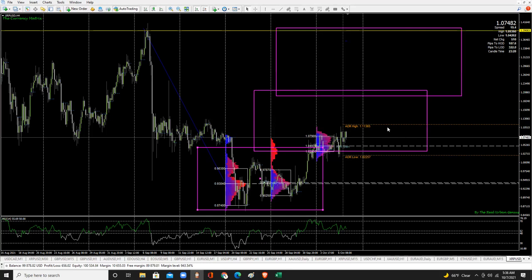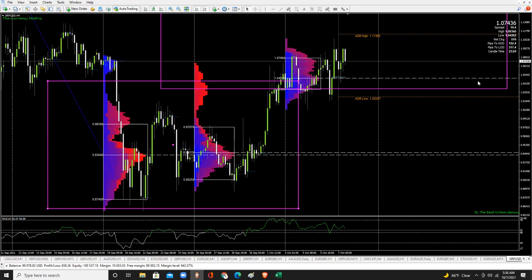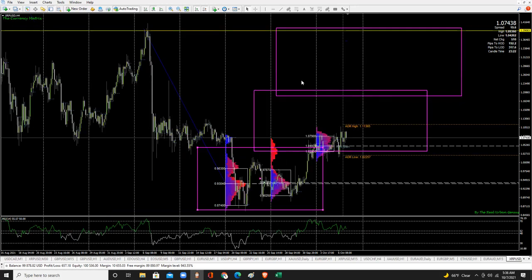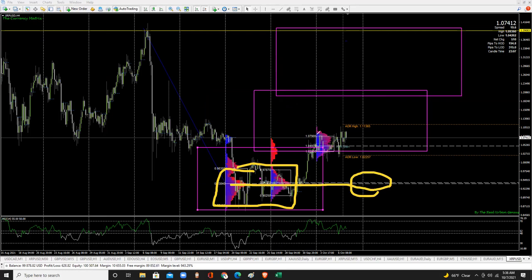Now looking at it from a volume perspective, right here, we've got volume structure here, both volume ranges in the same place, both volume points of control in the same place, another volume range here, and a point of control.